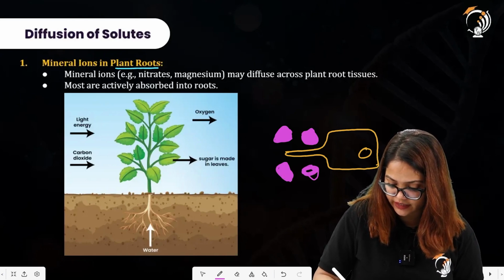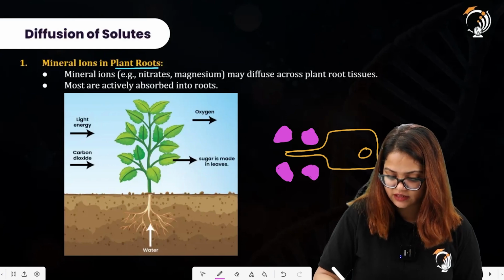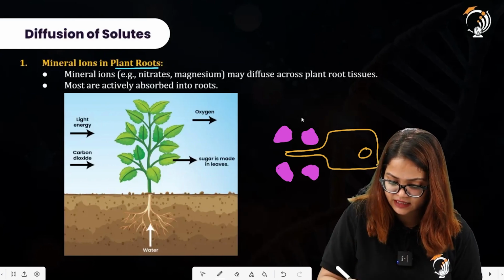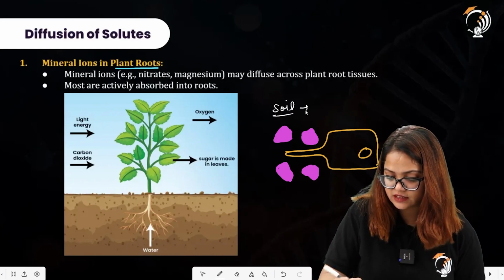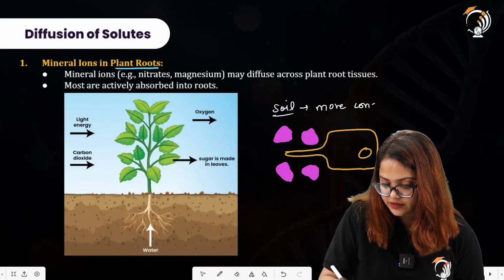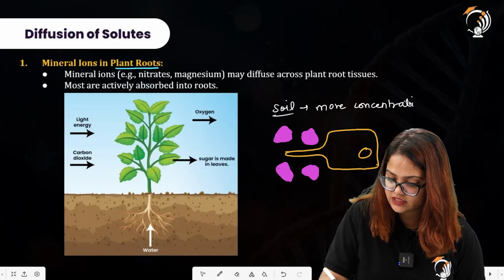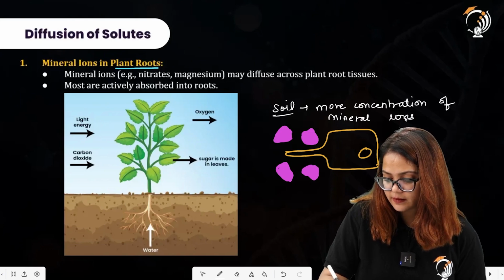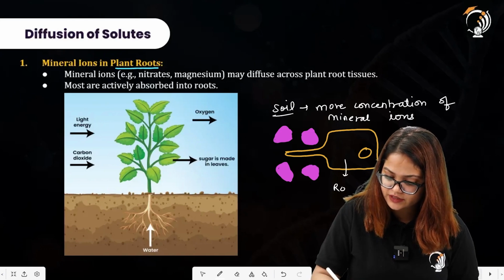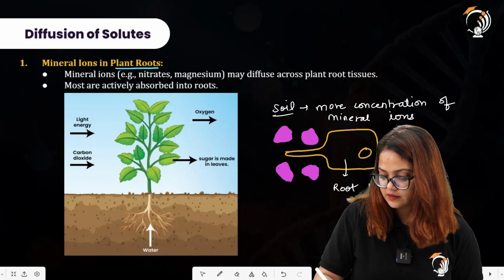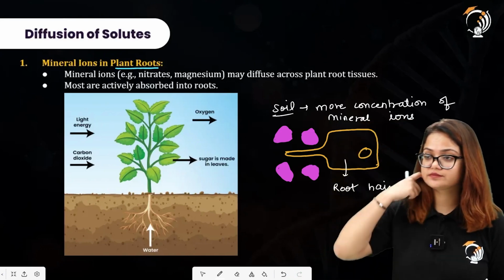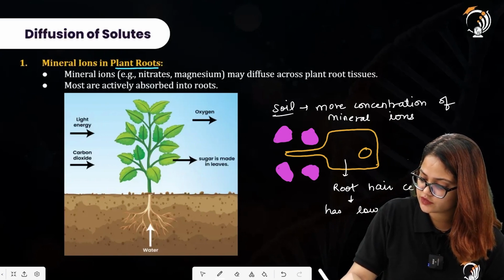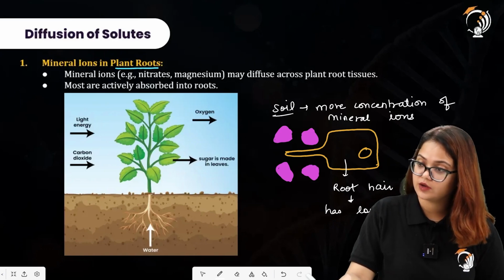So these are soil particles surrounding the root hair here. The soil has more concentration of mineral ions. The root hair cell here has low concentration of mineral ions.